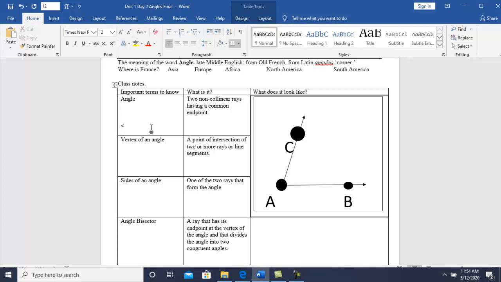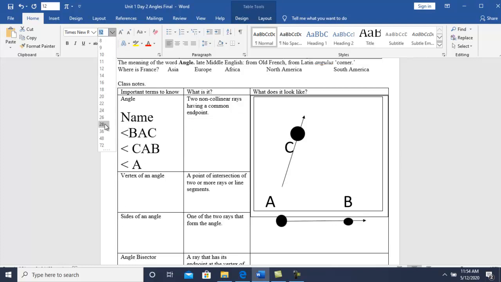So the name of the angle would be, you would call this angle CAB, or you can go another way and call it BAC, or a shorthand notation is A. So in books, if you talk about the name of the angle, I don't know if I can make this bigger or not.